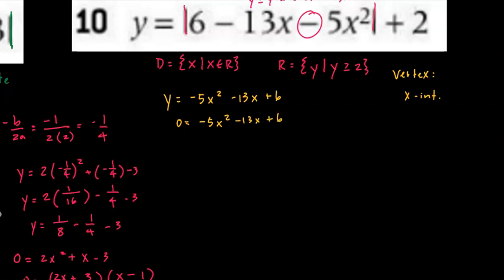I'm going to take out a negative, and 5x squared plus 13x minus 6, and then factor 5x, x, and plus, do I want plus there? Nope. I want minus there. Nope. I want plus there. I want minus there. And that's going to be what? 3 and 2, 15, and minus 2. I think that works.